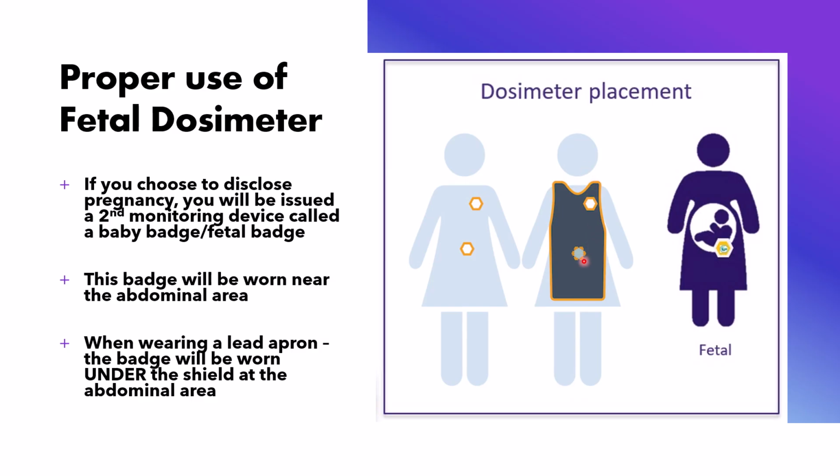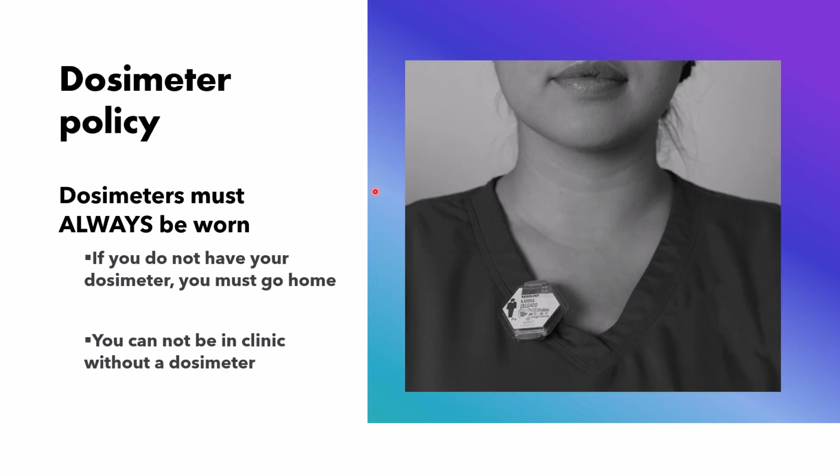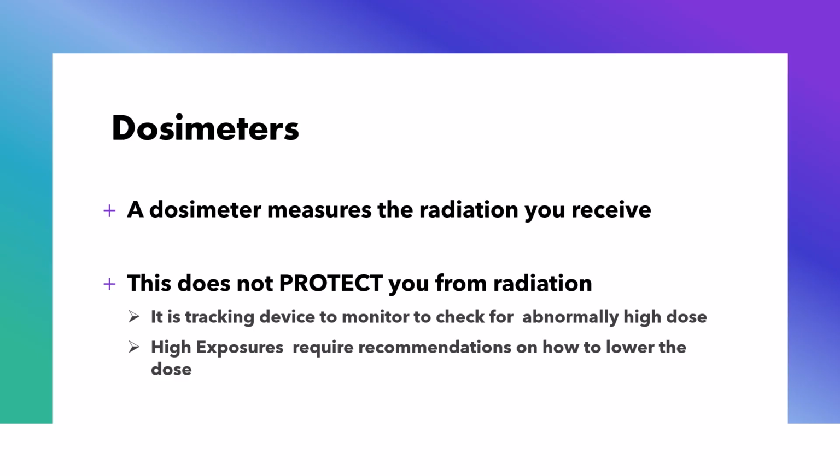You will wear the fetal dosimeter at abdominal level, about the waistline, and if you're wearing a lead apron, it will be worn under the lead shield of the abdominal area. So your personal one for you is outside the lead shield, and the fetal monitor will be under the lead shield. This is an example of how it should be worn here.